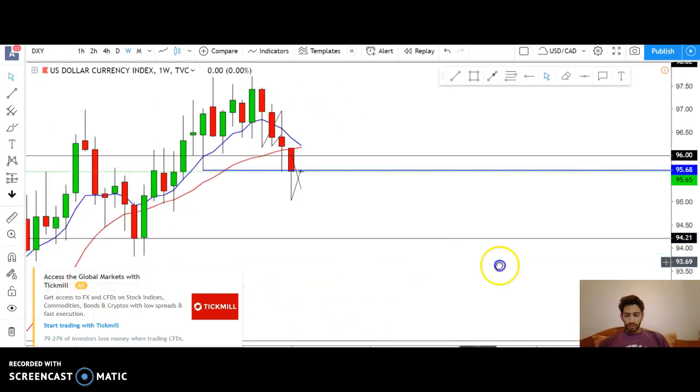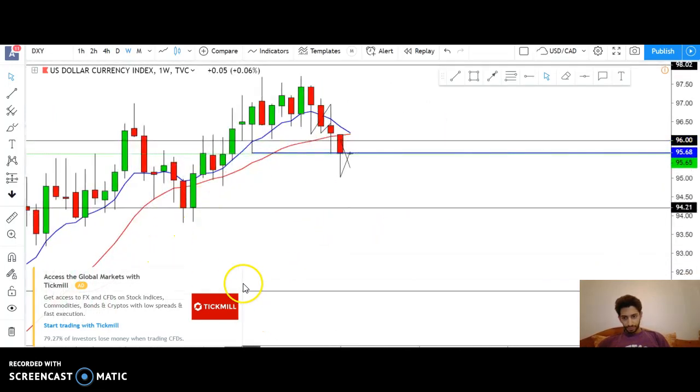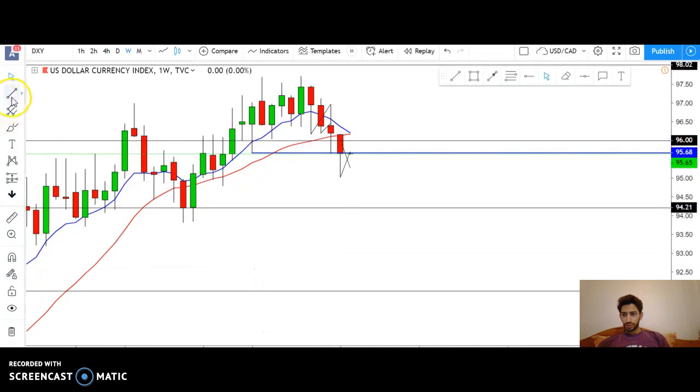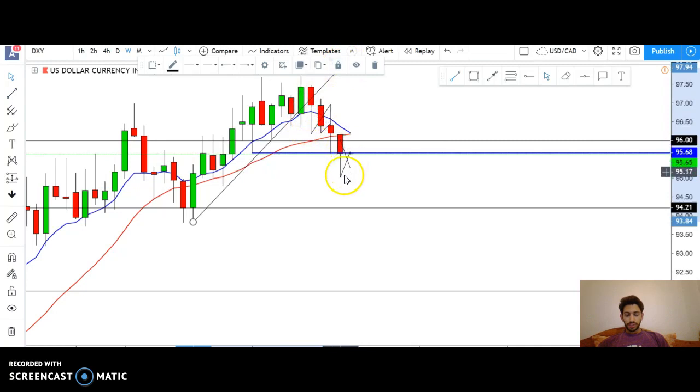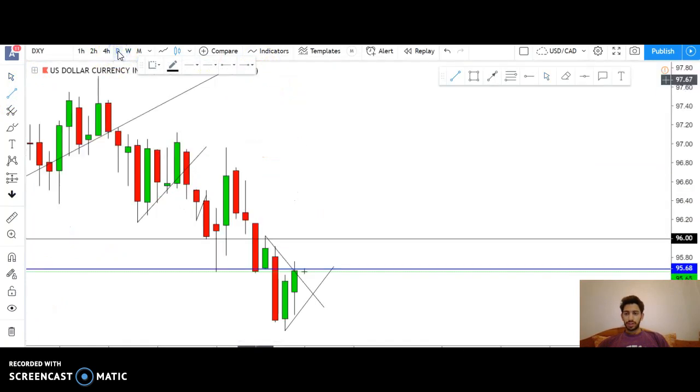We want to be as close as possible. So here, if we drew a trend line upwards, you can see that it's broken the uptrend and that it's coming down. So we have a downtrend line currently occurring, but I would like to do the next trend line going downwards on the daily because it's more precise.